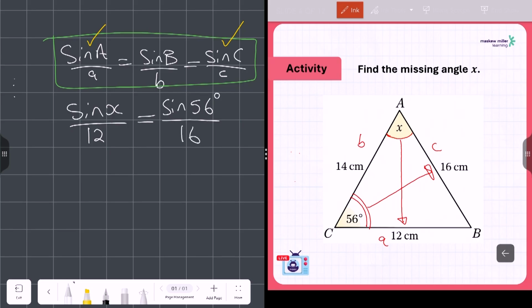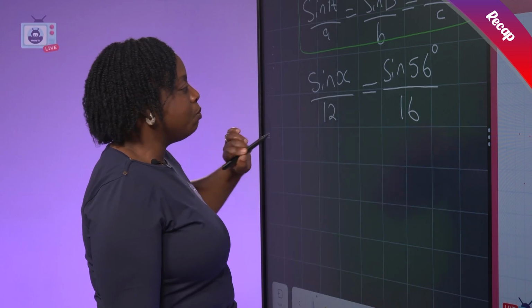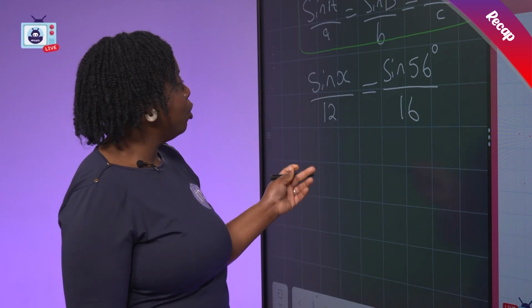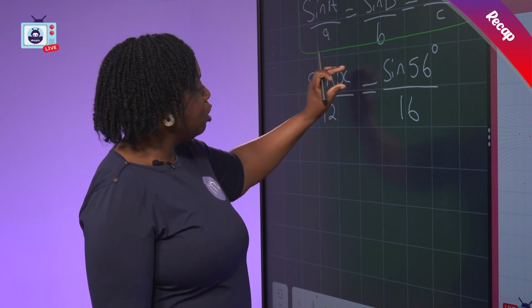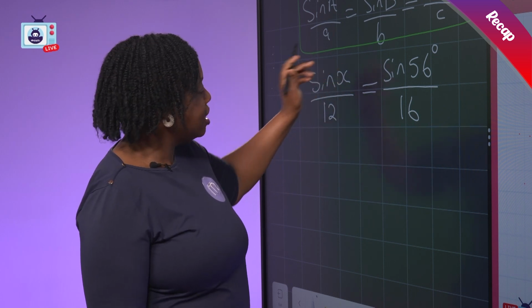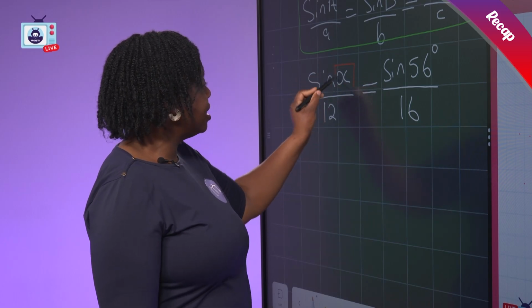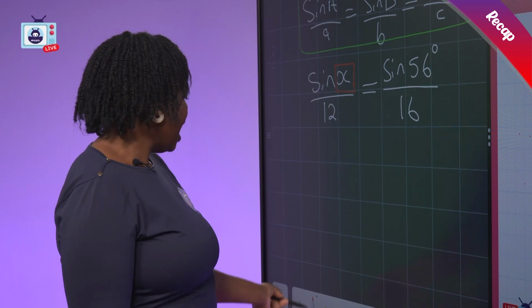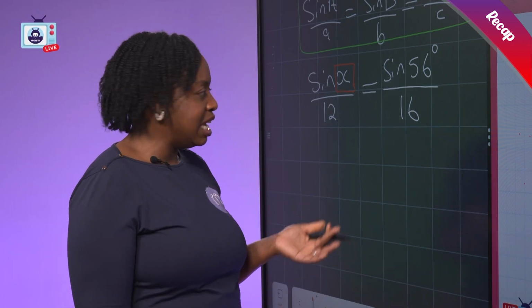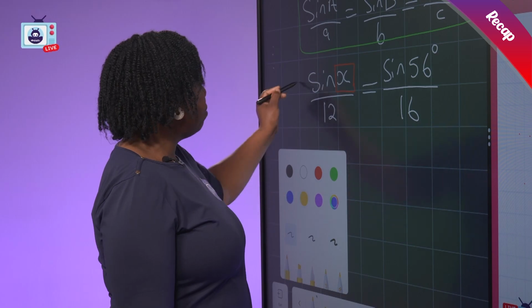So you can do that, and then after that we can do the cross multiplying. Cross multiplying simply means I need to remove what is there. For example, because we are looking for sine x, for x from sine x, that means I need to remain with my x one way or another. So for me to remain with that x, I just need to remove everything away from it. So the first thing I will do is multiply both sides by 12.